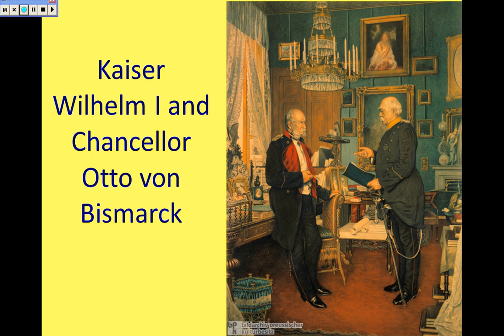You've got Kaiser, which again is like an emperor. It's taken from that, or even the czars that we talked about with Russia and the Tsarina. It's that old title from Caesar, and Kaiser's kind of the Germanic translation of that. With Kaiser Wilhelm I, so he's sort of the ceremonial figure, and Chancellor Otto von Bismarck.